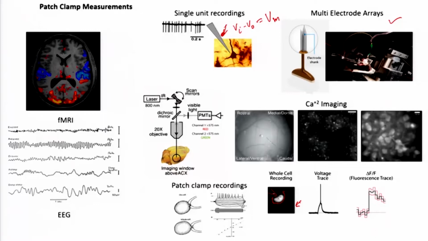We are clamped onto the neuron, and we are measuring the voltage changes occurring in V in minus V out, which is the voltage trace shown on the right-hand side, and simultaneously we are imaging, which shows the calcium trace, that is the change in calcium fluorescence.